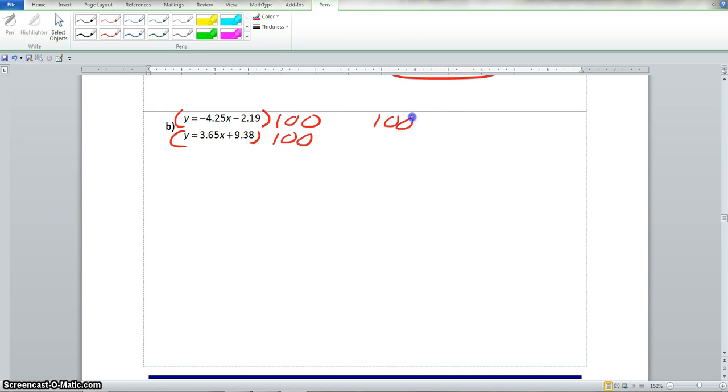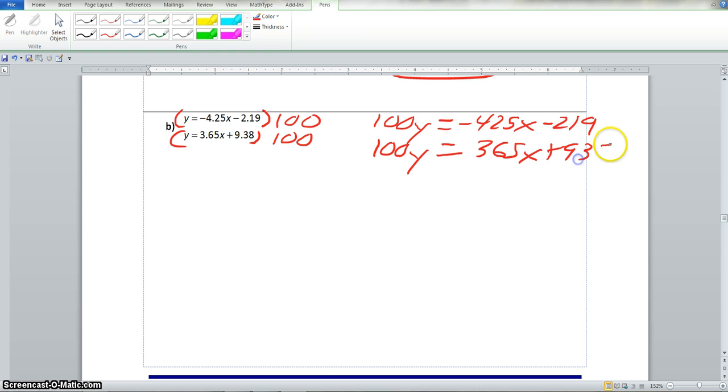So this would give us 100y is equal to negative 425x minus 219. And in the bottom, we will have 100y is equal to 365x plus 938. Now, what I would suggest that we do is this here.